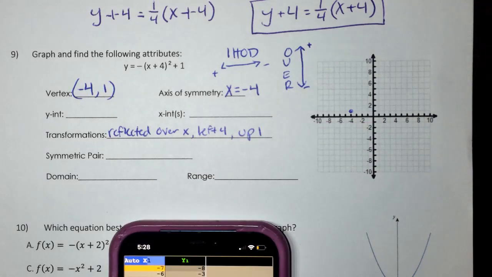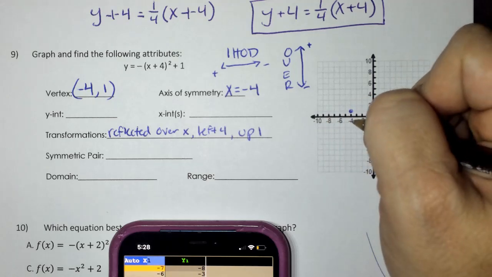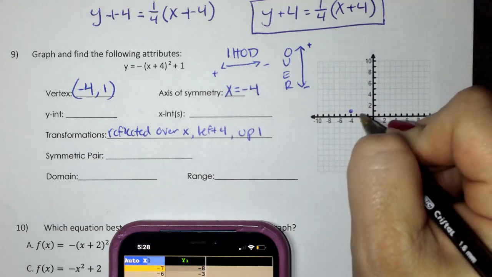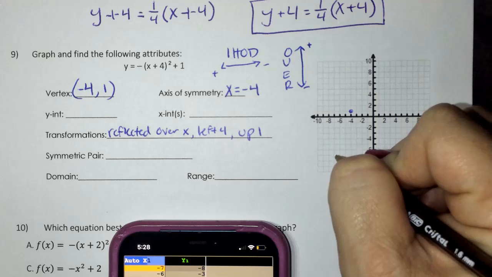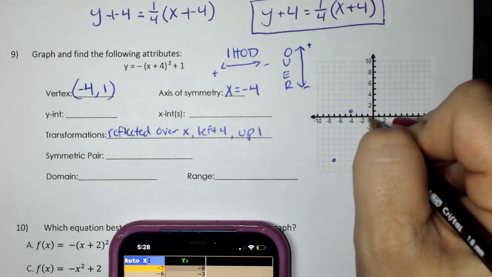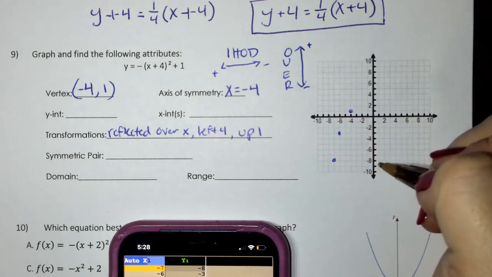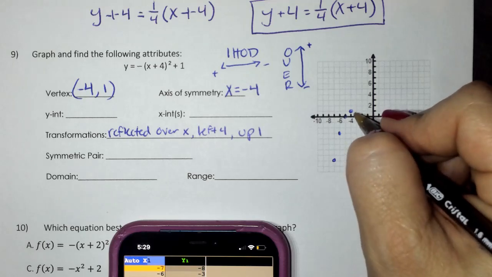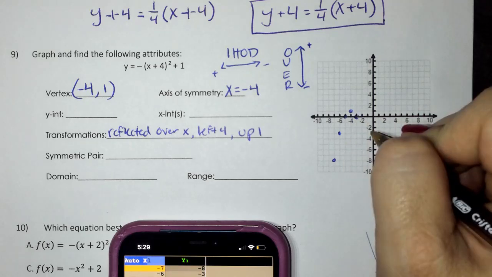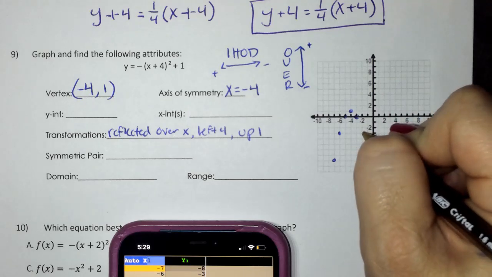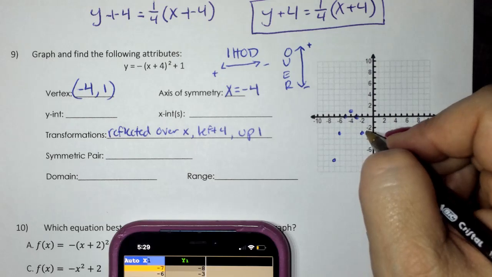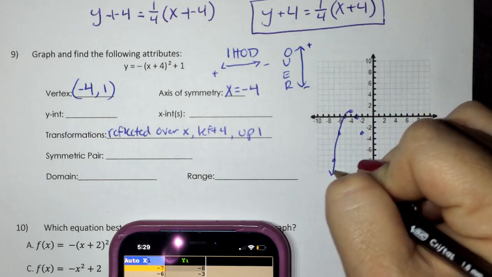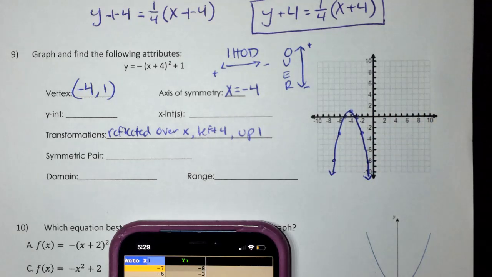So I have -7, -8, and I have -6, -3, my dog grunting, you're fine, -5, 0, -4, 1, -3, 0, -2, -3, hush, and then -1, -8. So it looks like this.